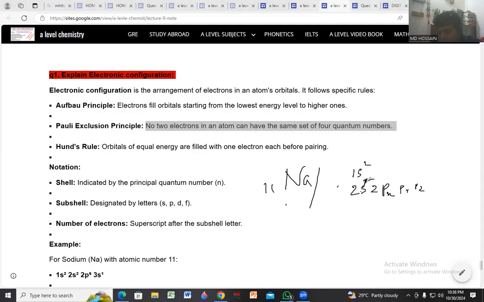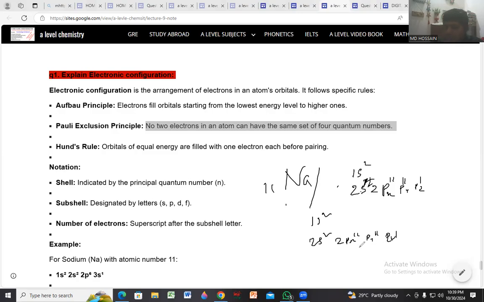So this will be px1, then py1, and pz1. Then one is left, so this will go to this one. So 2 plus 2 is 4, 6, 7, 8, 9, 10, 11. In this way it will be filled up. It will not be distributed like 2px2, 2py2, and pz1.